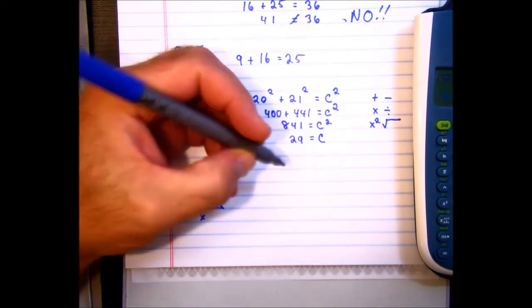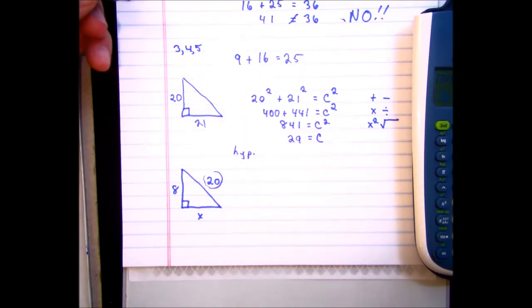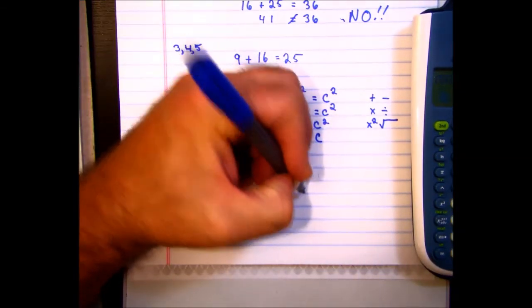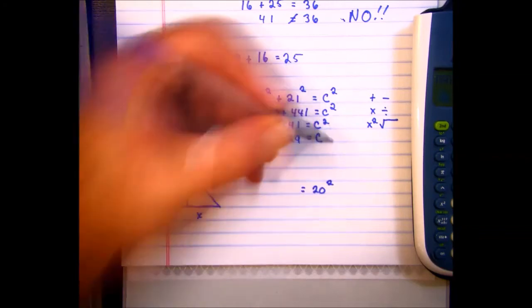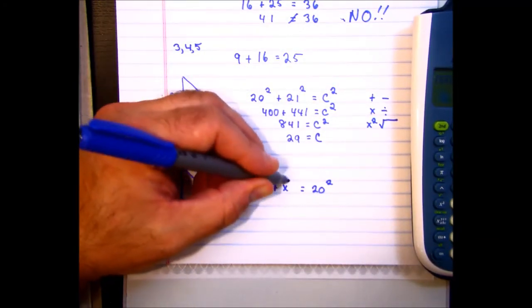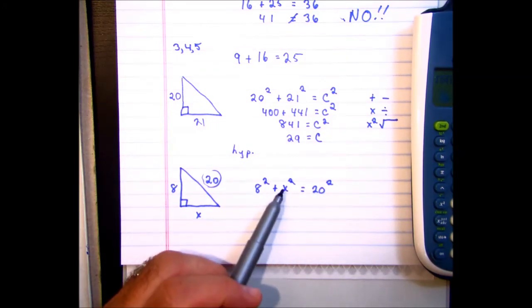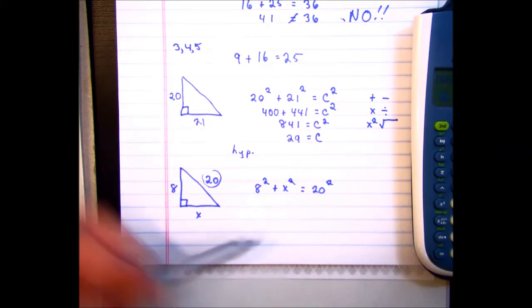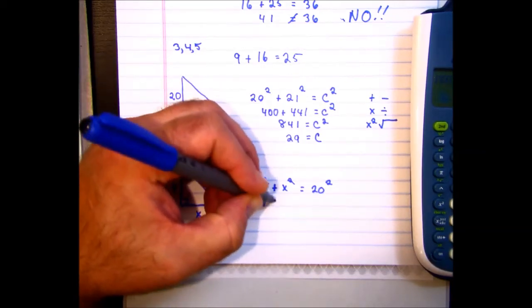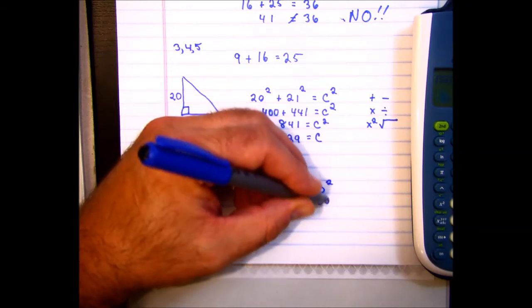Hopefully you wrote out the problem knowing that the hypotenuse is my c, so it would be 20 squared over here, and this one is 8 squared plus x squared. What makes this different is we're looking for the leg now. So I go ahead and do all my numbers, which is 64 plus x squared equals 400.